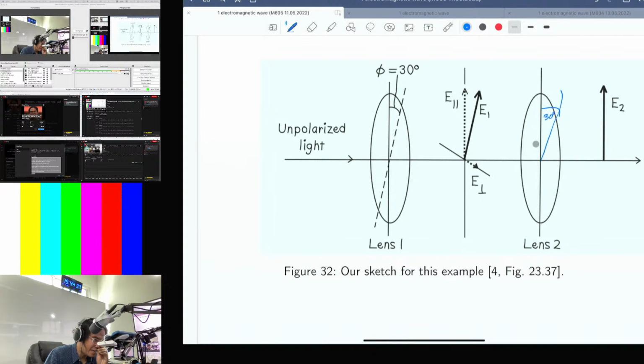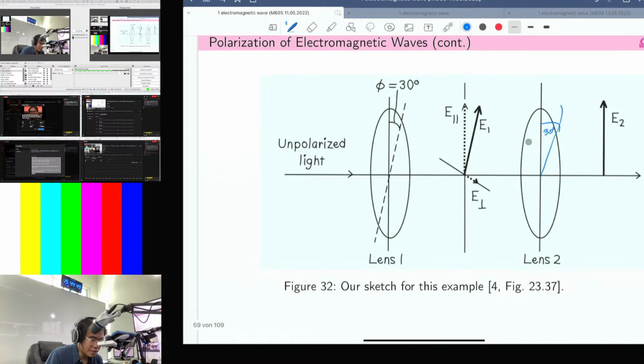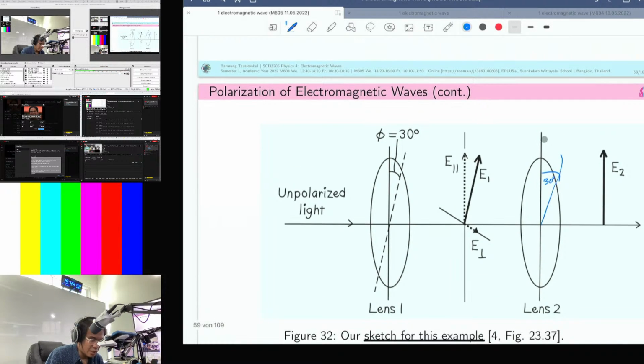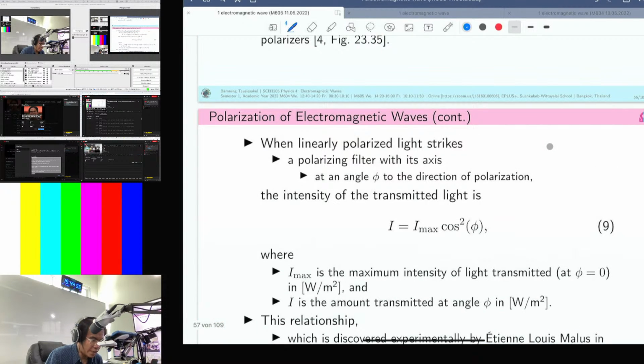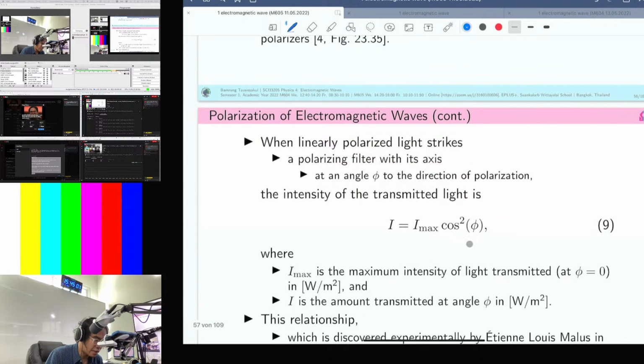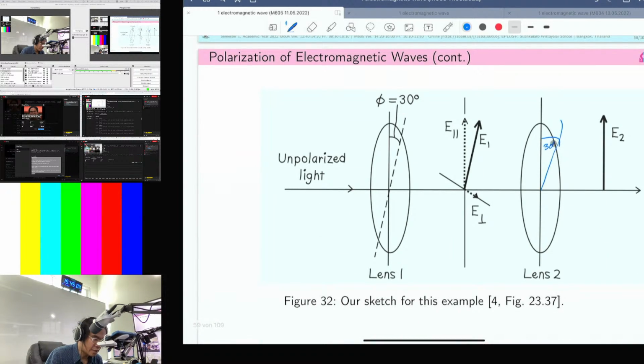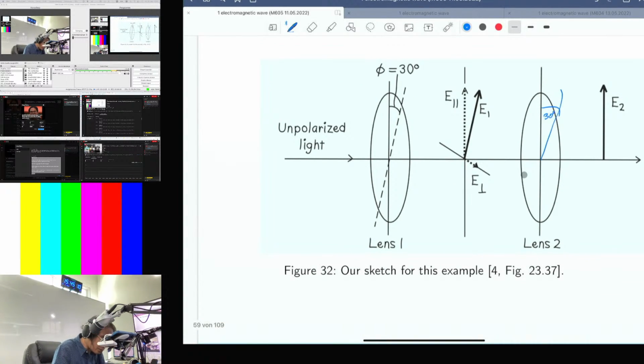And that's why we have phi, which in English is pronounced phi, equal to 30 degrees, and we have to go back to this formula. Phi is 30 degrees, the tilt angle between the E field and the polarizing axis of that filter. And of course, we start here from I0 and we get 1 by 2 I0 here. This is I1, let's say.